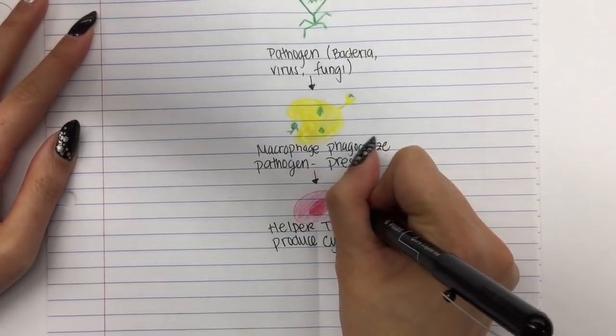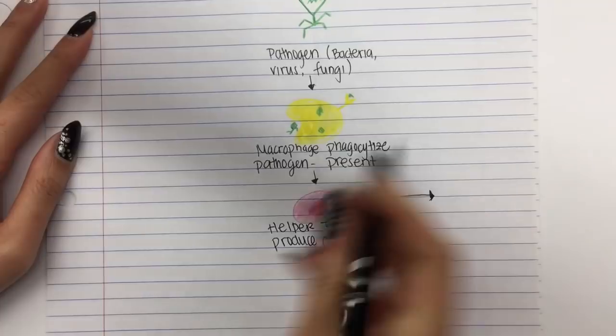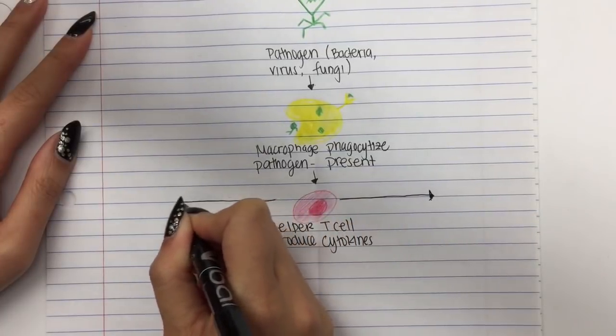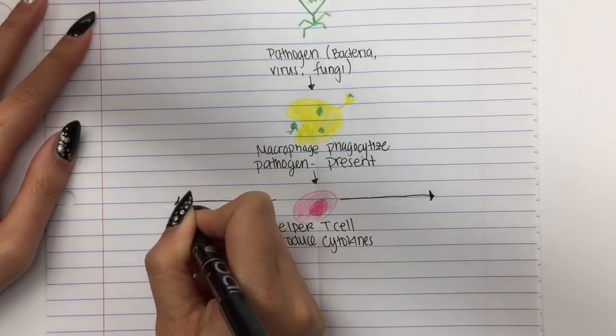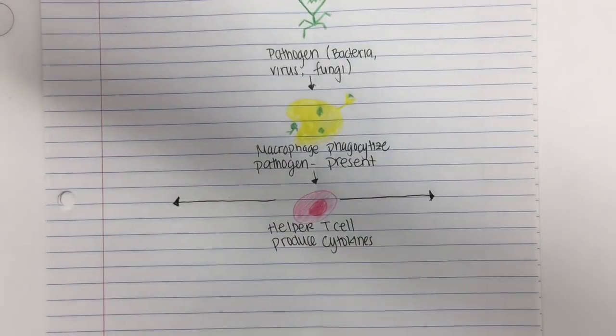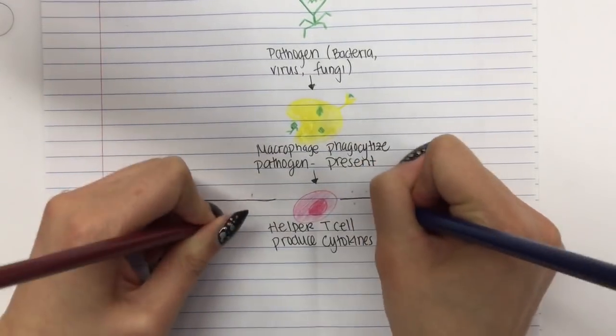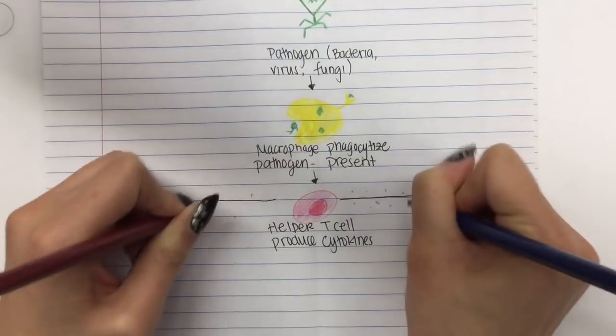So on the right side, I'm going to draw an arrow. On the left side, I'm going to draw another arrow. And I'm going to draw in some cytokines. And cytokines are very small little molecules, so I'm just going to make a whole bunch of dots.